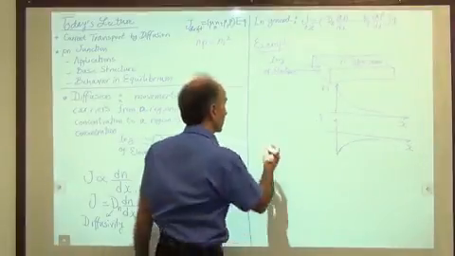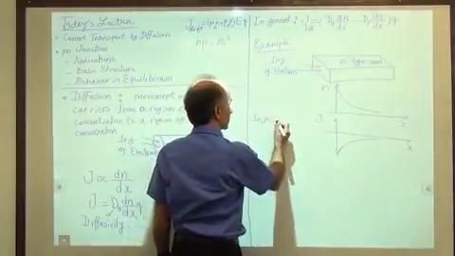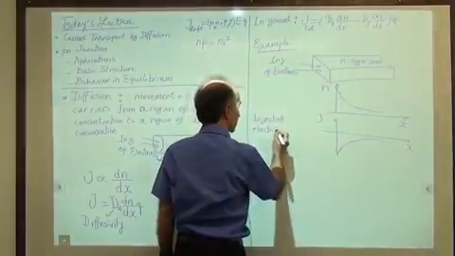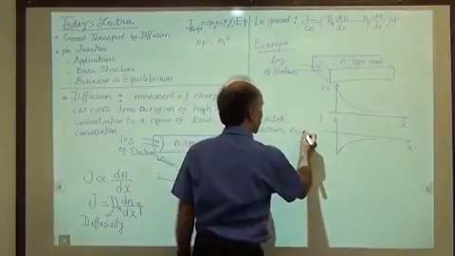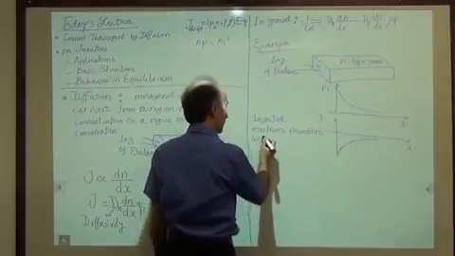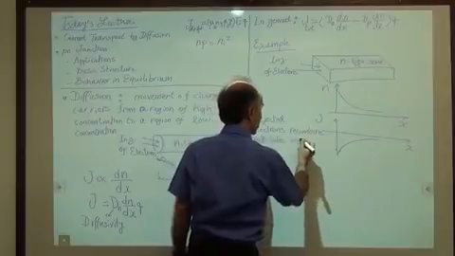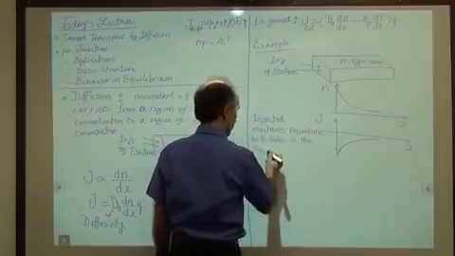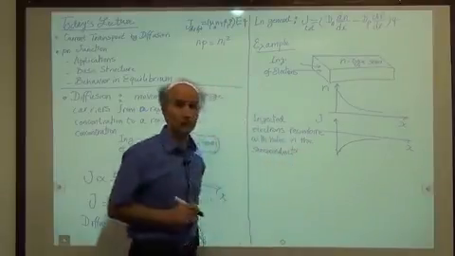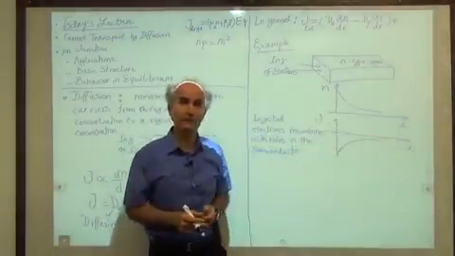So for this behavior, we observe that injected electrons recombine, we call it recombine, or you can just say combine, recombine with holes in the semiconductor. Okay? And that's why the current decreases as we go farther in.